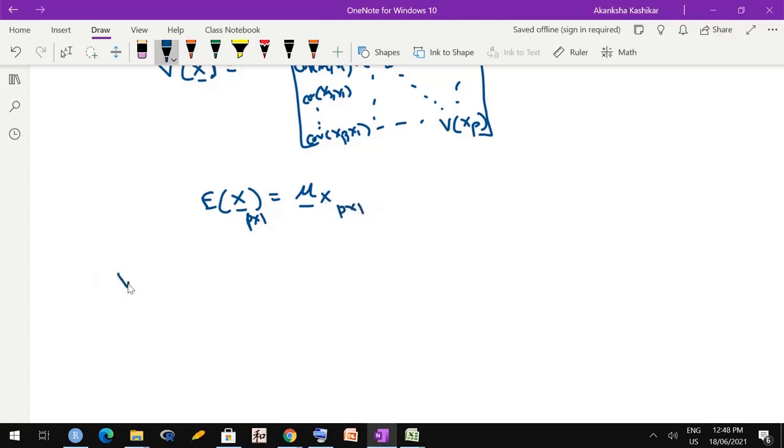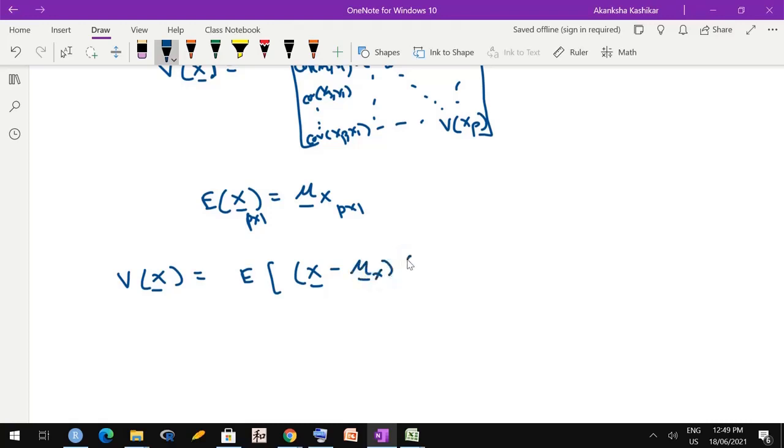Okay, so now I want to define variance of x. So the natural extension of univariate would be, okay, take x square. But when you have a vector, taking square is not possible. What do you mean by square of a vector? So what we do is we consider x minus expected x, so expected x is mu x.